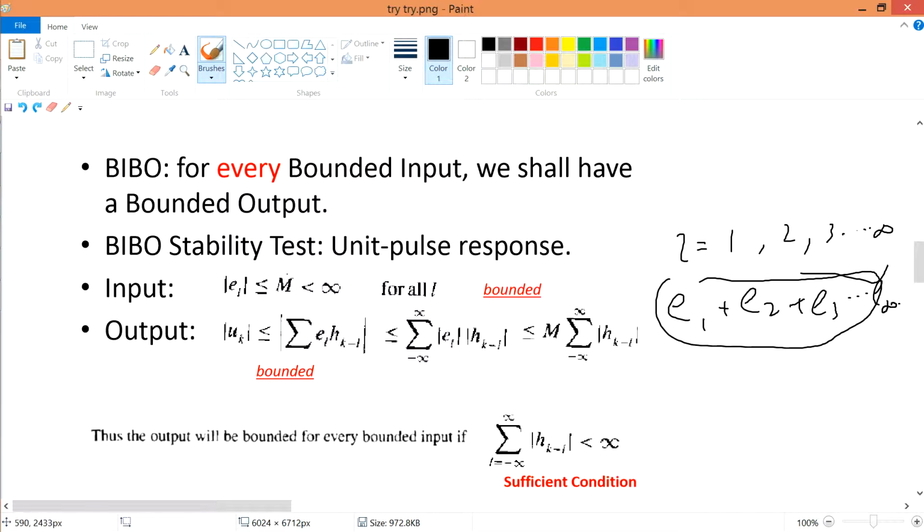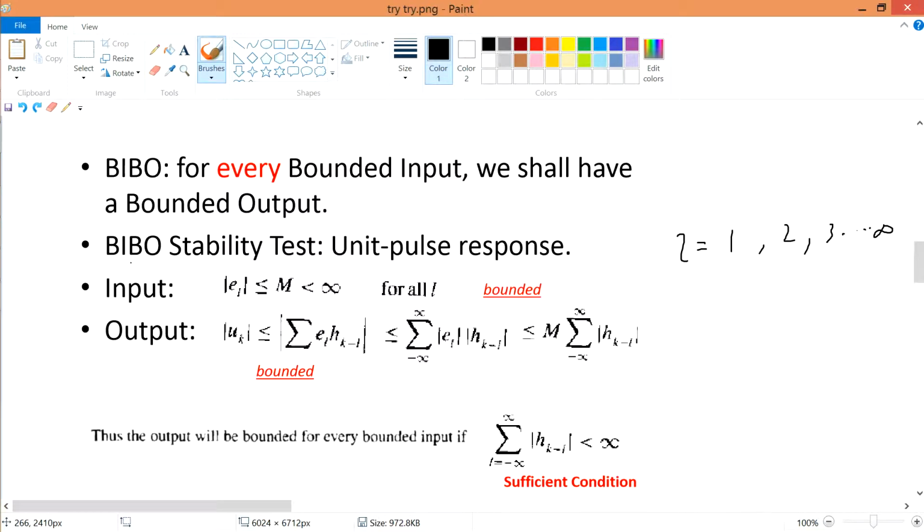It must be going towards some value, reach that value and stop there. It must be less than infinity, but it's still some value that we can see. Therefore we can call this a bounded input. So this is a pretty good head start first.